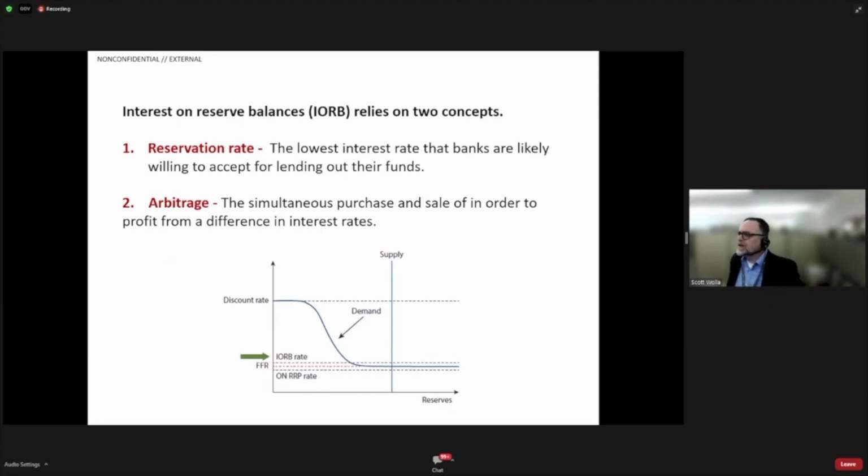The other one is arbitrage, and arbitrage is really the secret sauce here. It might sound intimidating, but I think introduced correctly or in an easy way, students will warm to the idea of arbitrage pretty quickly. So arbitrage is simply the simultaneous purchase and sale in order to profit from a difference in interest rates.